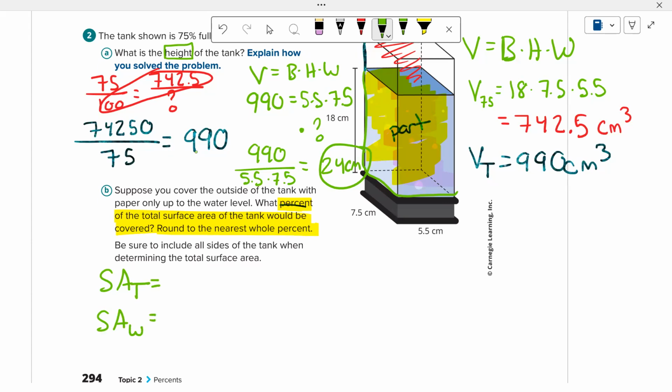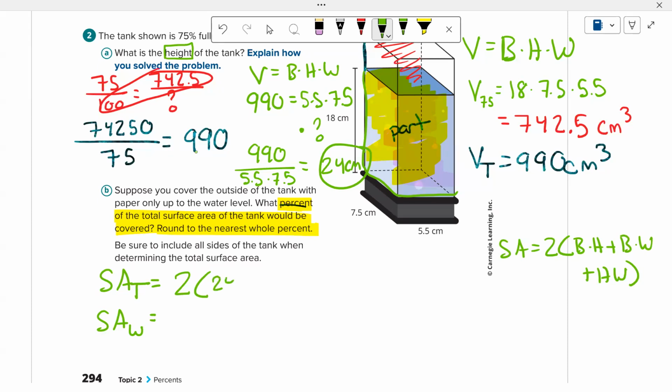Let's actually write the formula here. Surface area is equal to 2 times the base times height plus base times width plus height times width. That's the formula for surface area. So we're going to do 2 times the base and the height for the total.